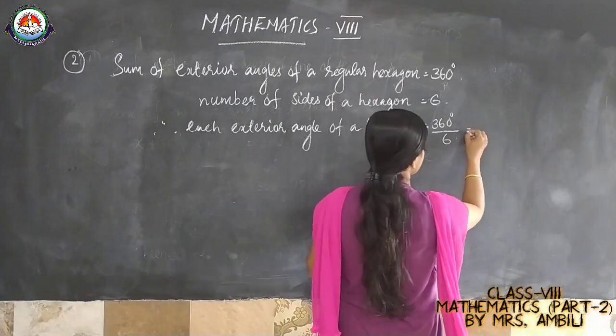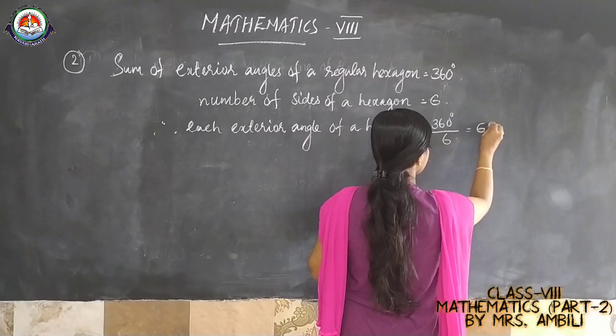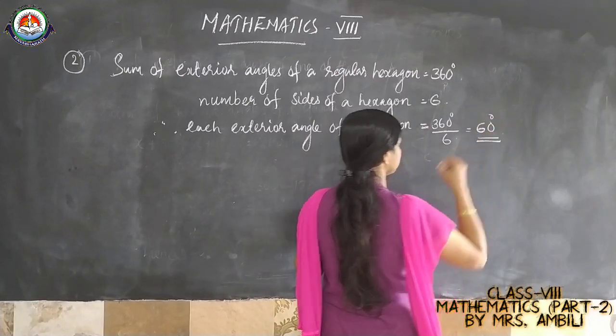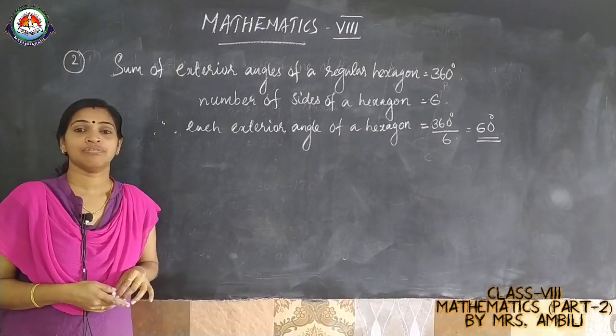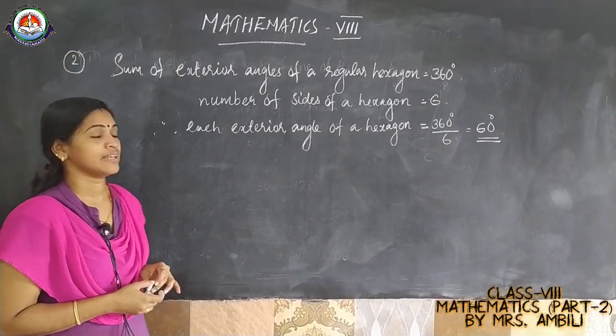How much will you get? 60 degrees. So each exterior angle of a regular hexagon is 60 degrees.